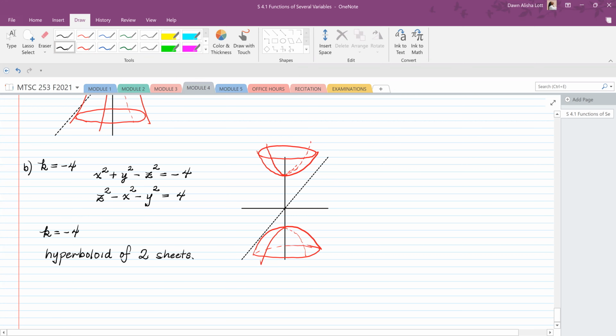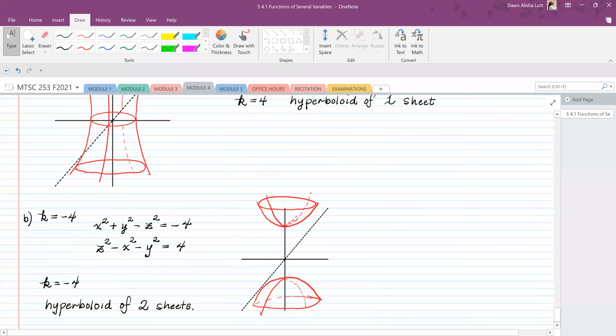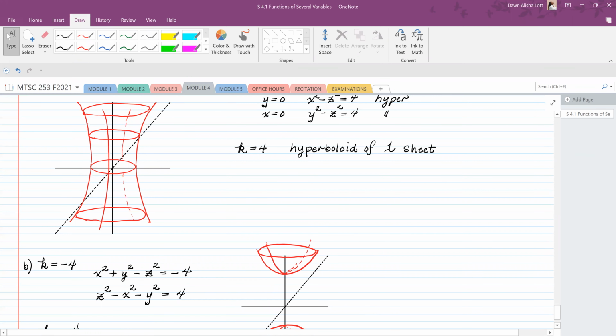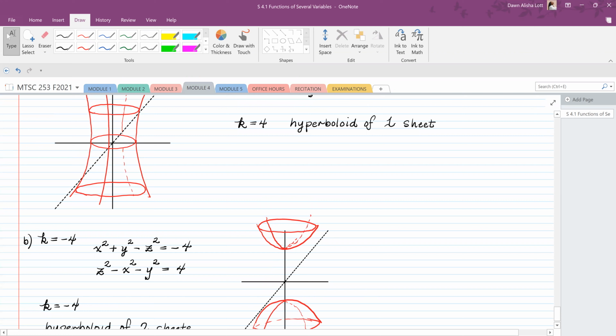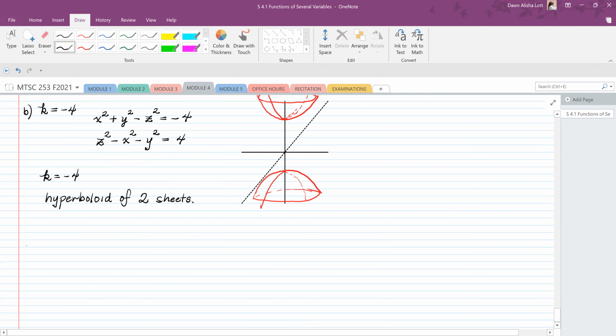And the last one makes perfect sense. So let me tell you what happens here. This is k equal to 4 and k equal to -4. As k gets smaller and smaller, this thing shrinks in, and then all of a sudden it pops apart and splits into two. So at k equals 0, which I should have done next, but I didn't, that's all right.